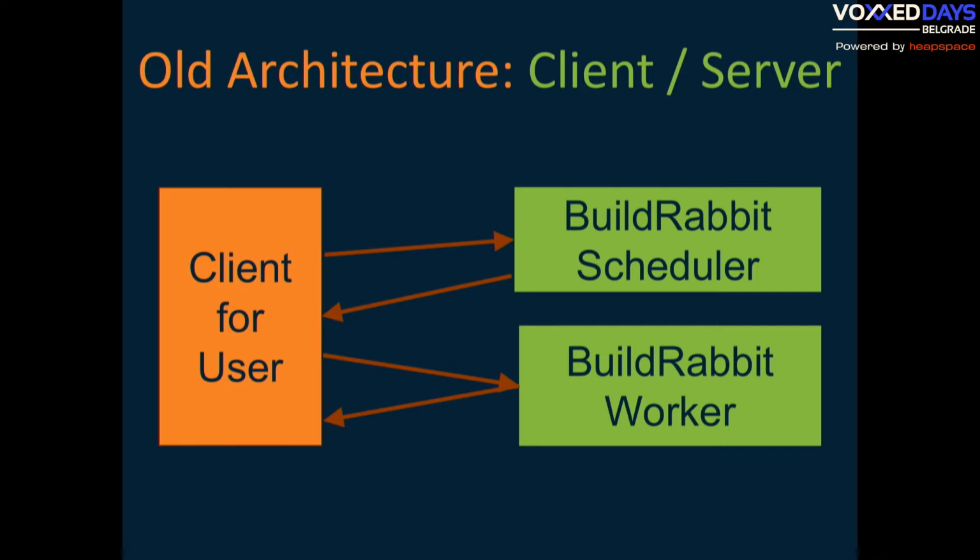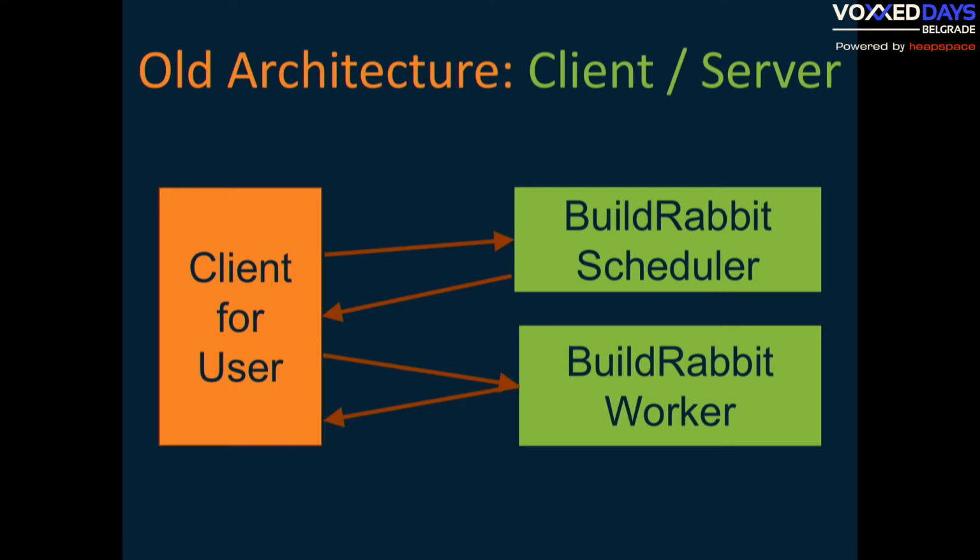So this worked, as I mentioned, really well for many years, but there were a couple issues that we started running into. One of them is the client library needed to be a very thick client library because it needed to know how to do the routing from the scheduler, the machine that it told it to talk to, the worker. It needed to understand all the error codes that were sent back by the scheduler and the worker to figure out if it was a transient issue or permanent issue and figure out whether to retry the build or just wait for the machine to fix itself.